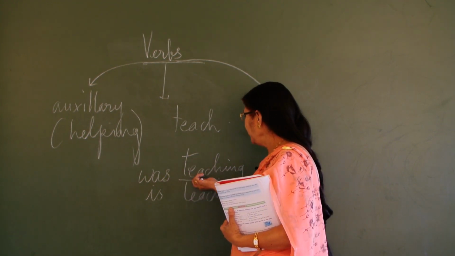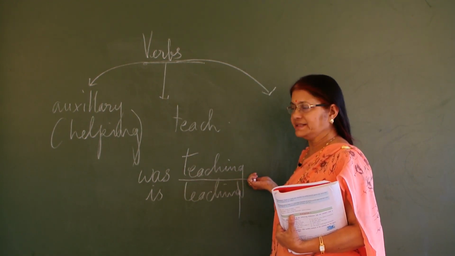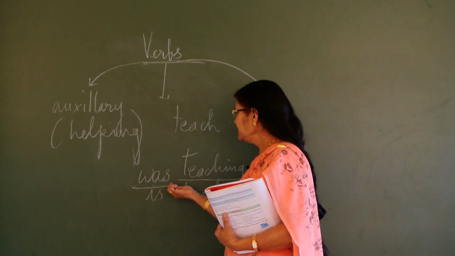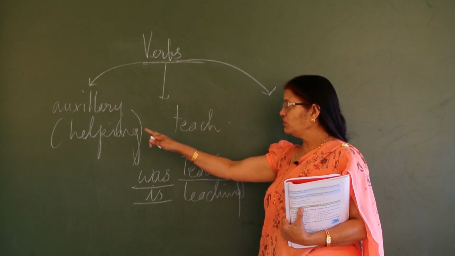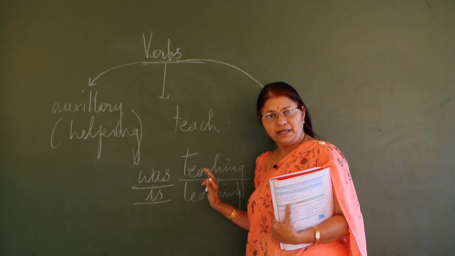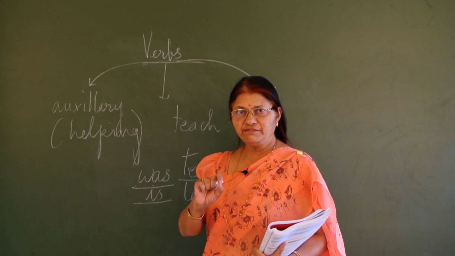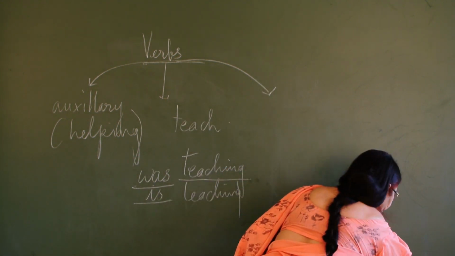So I help the main verb in whatever state it is by putting these words called the auxiliary verbs. So I hope I am clear in telling you what auxiliary verbs are. They are helping verbs. They help a lot in framing a sentence.